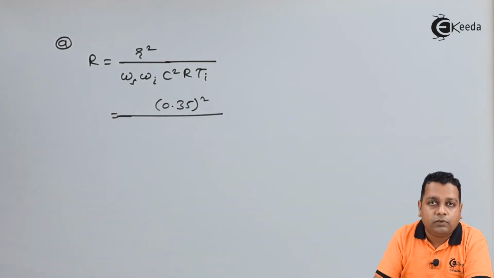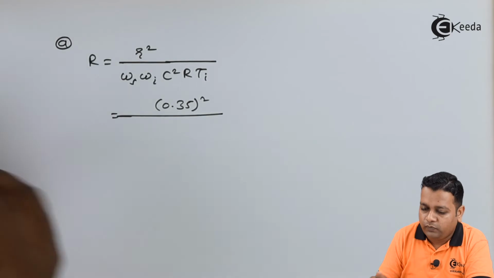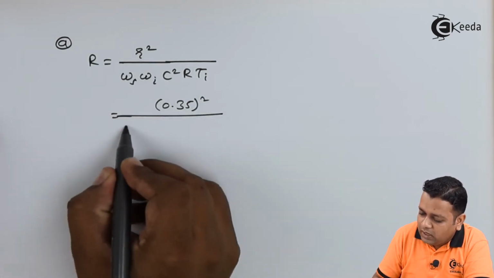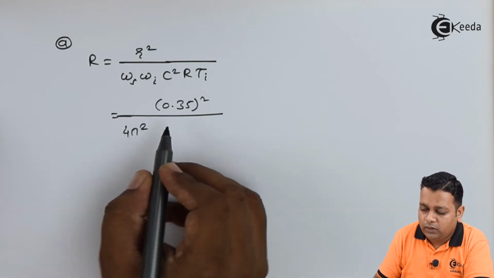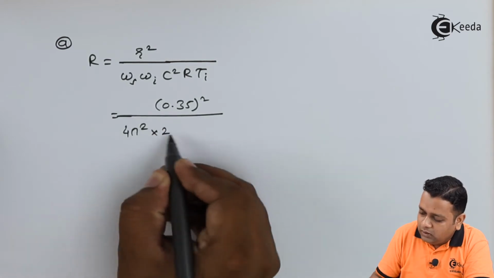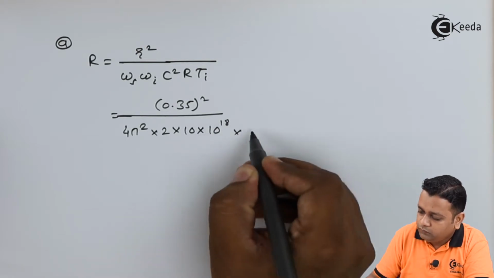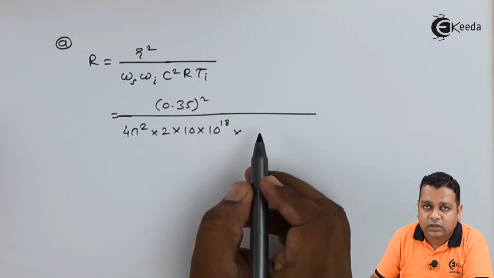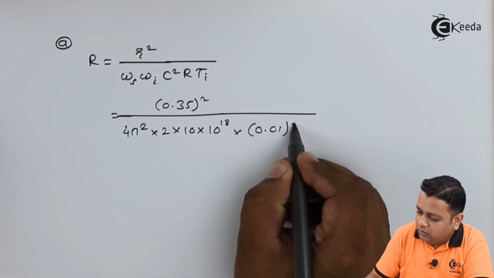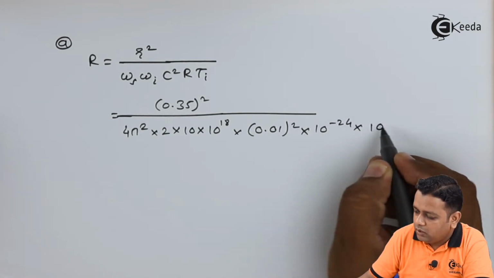omega, the angular frequency, which can be represented in terms of frequency as 2 pi f. So we can take the 2 pi's from these two frequencies common, and represent it as 4 pi squared. The rest of the two values for fs and fi are 2 into 10 into 10 raised to the power 18, and the capacitor value 0.01 squared, into 10 raised to power minus 24, into 10 raised to power 3.